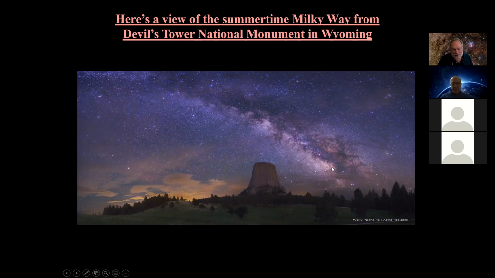And you can see it's got lots of interesting details, star clouds, lots of stars, also regions of darkness, which they didn't know what those regions of darkness were. Were they actually holes in the firmament?